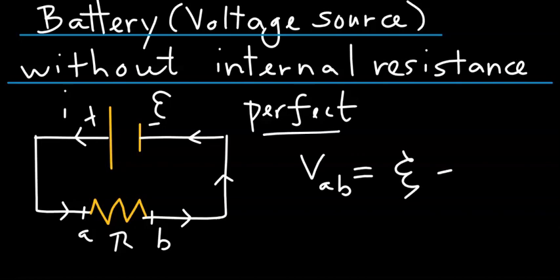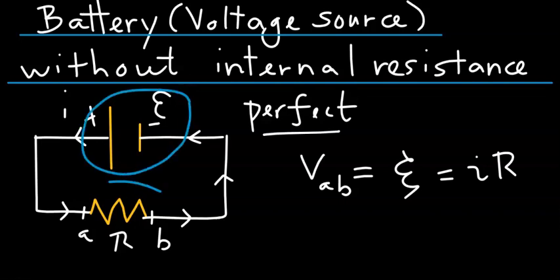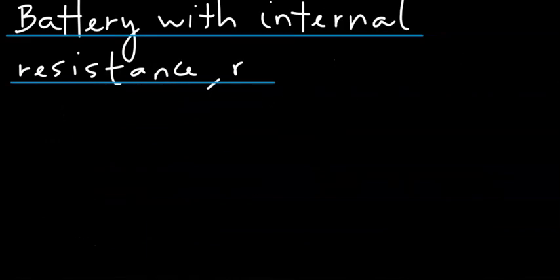And from Ohm's law, we know that is simply the current through the resistor times the resistance of the resistor. So whatever voltage the battery provides will get to that resistor. Now, what about a battery with internal resistance? In this case, the symbol for that battery is as follows.